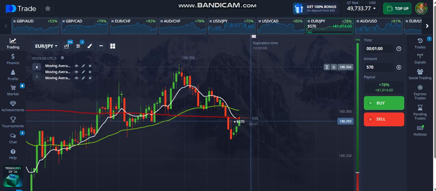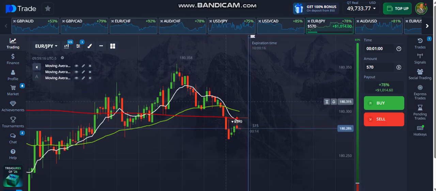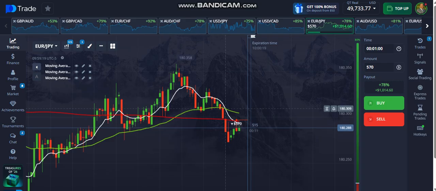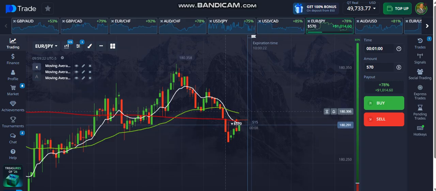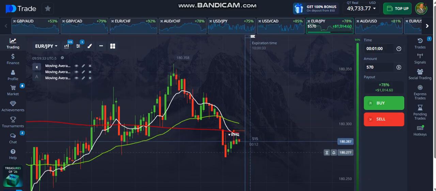Okay, so I am on the Euro JPY currency pair, and I took a bearish trade. First things first, 10 EMA crosses the 50 EMA, and then I waited for the price to retrace back to the 10 EMA line, expecting the price to respect that 10 EMA line.